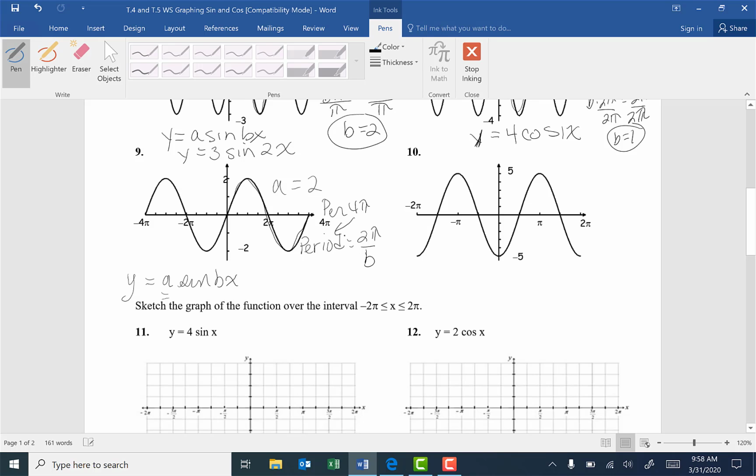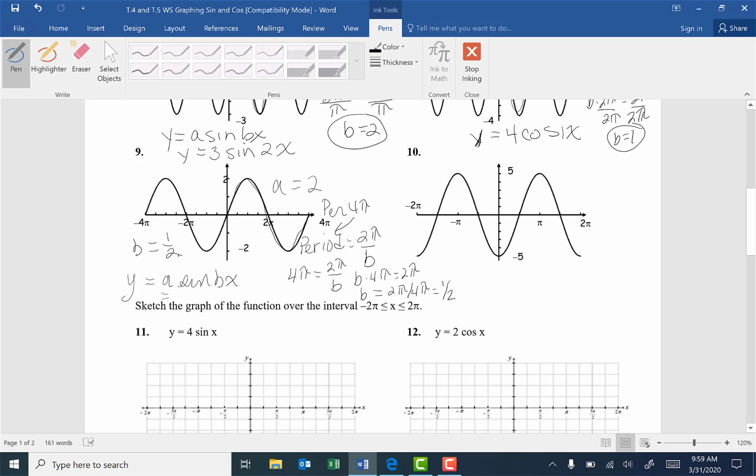So we substitute that in this equation, and we get 4 pi equals 2 pi over b. Then we cross multiply, and we get b times 4 pi equals 2 pi, and divide by 4 pi, and we get b equals 2 pi over 4 pi, which is 1/2. So b is equal to 1/2.